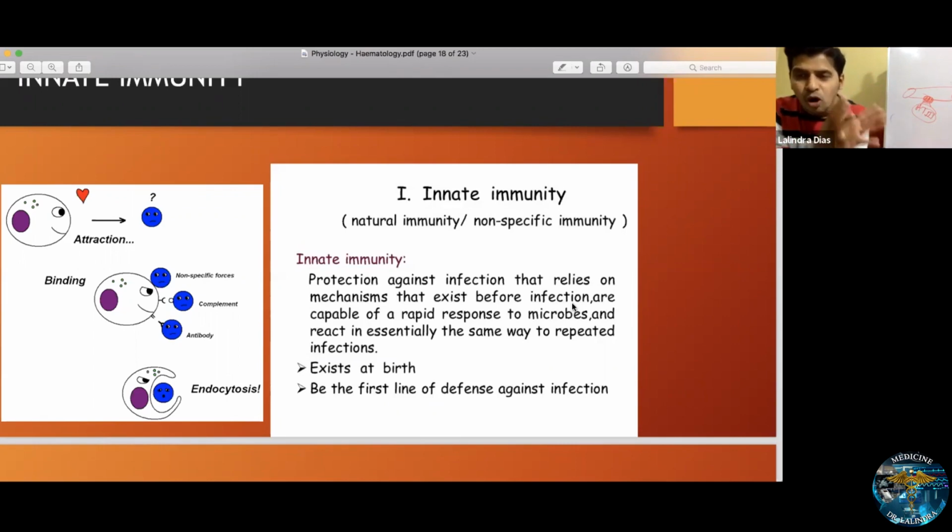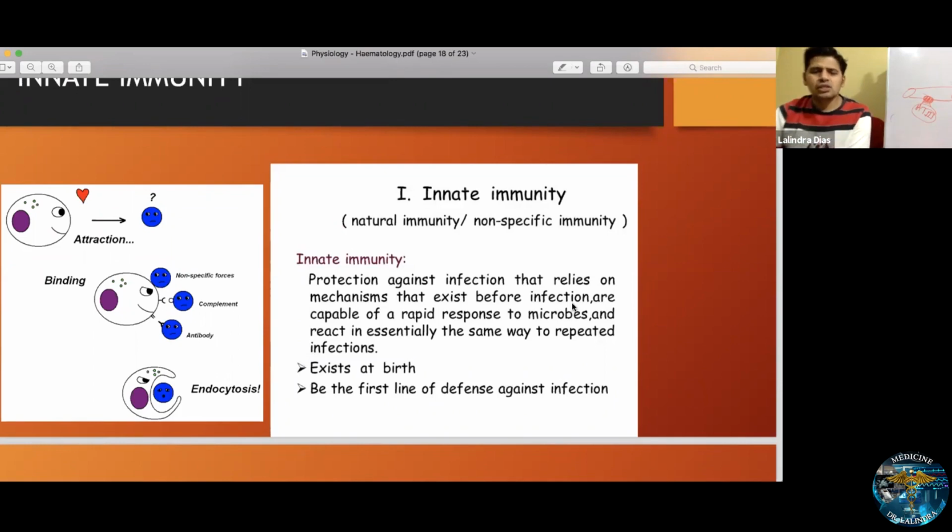From the day you were born to this world, you had this immunity. That's what I'm telling you. These mechanisms are capable of a rapid response to microbes and react in essentially the same way to repeated infections.